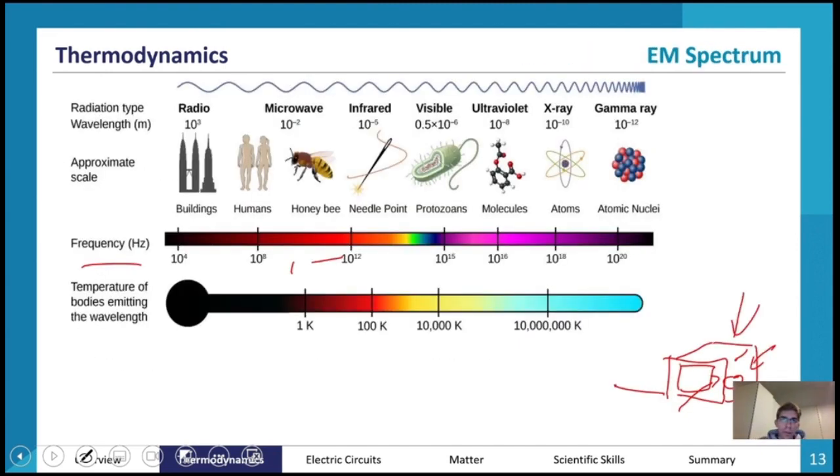Then we can talk about infrared radiation. Infrared radiation can also transfer thermal energy. So in year 12 physics, you will be required to know one use of infrared radiation.